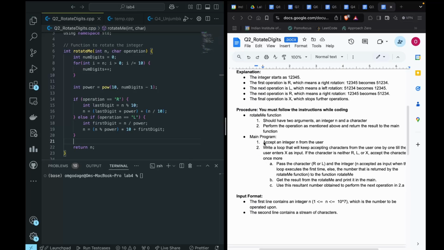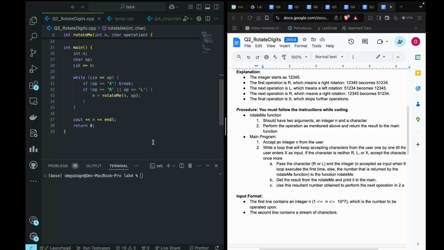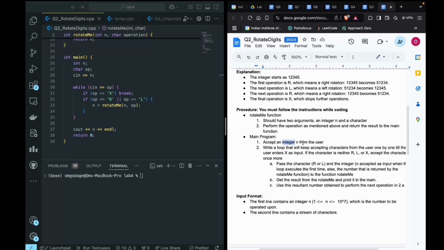And then in your main program, you accept an integer n from the user. So there is an int n, you accept that int n over here, and the character op just keeps the operation. So ignore this for now.